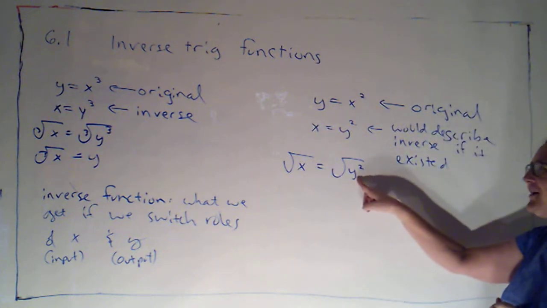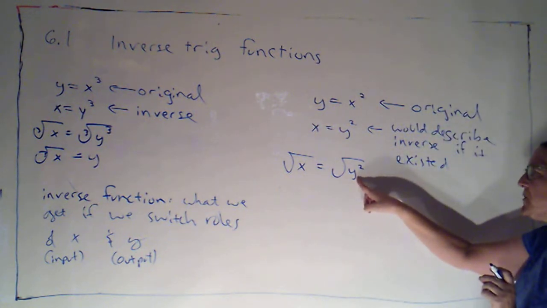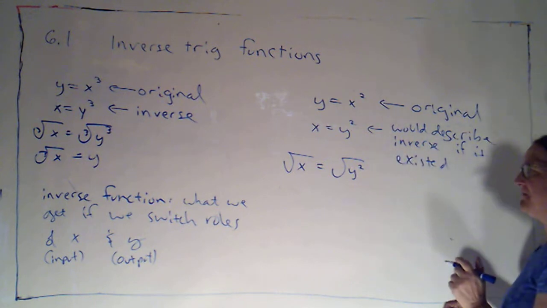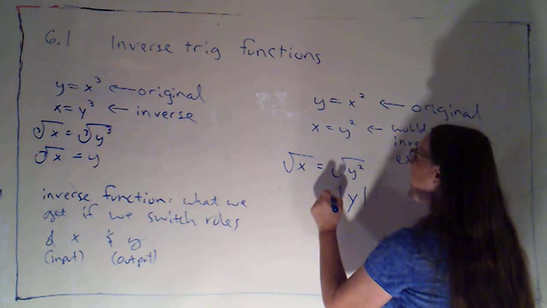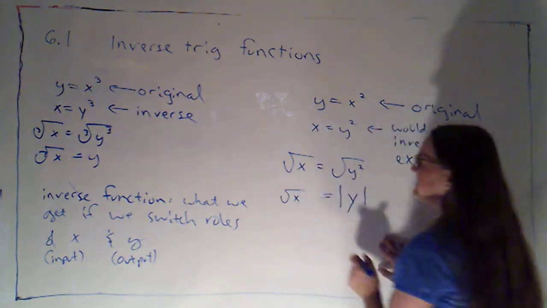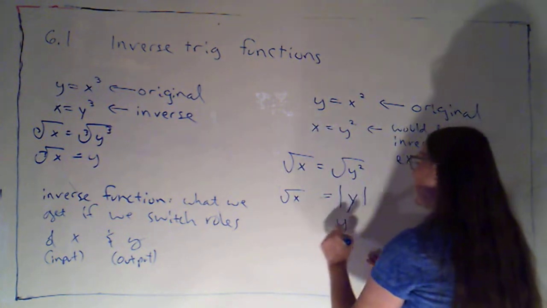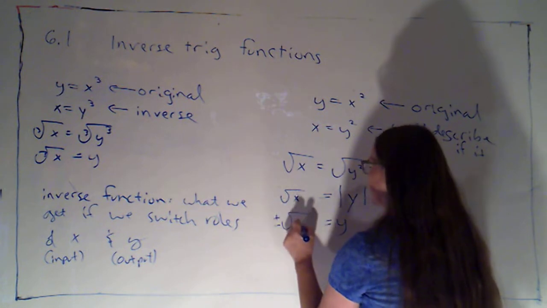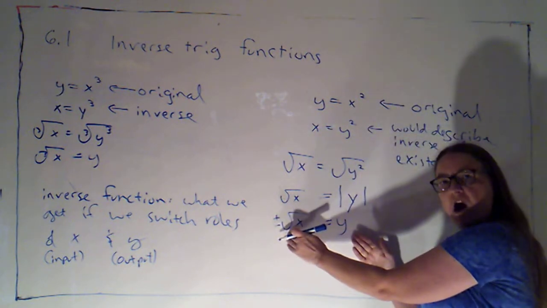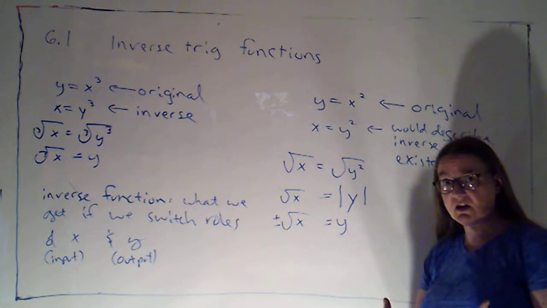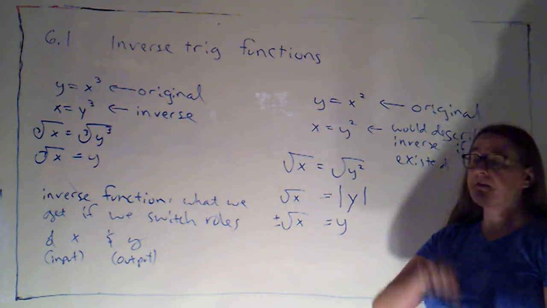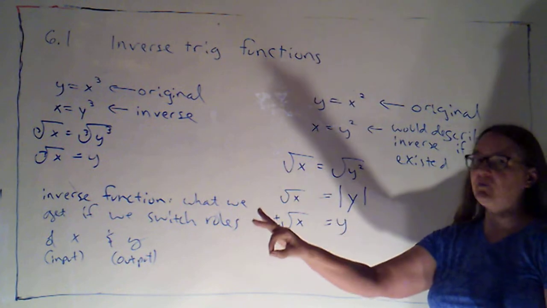But remember, the square root can never be negative. So this wouldn't be y, this would be the absolute value of y is the square root of x. And that would mean y is plus or minus root x. I would get two possible answers. And that makes it not a function, because for a function, if you know what you plugged in, there's supposed to be a unique output that you get.